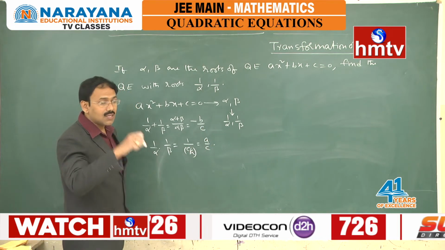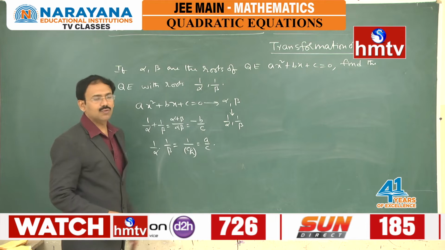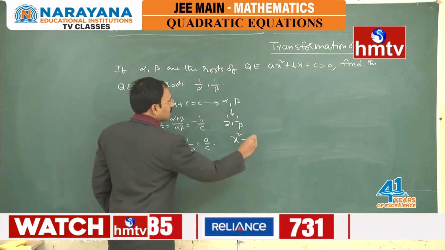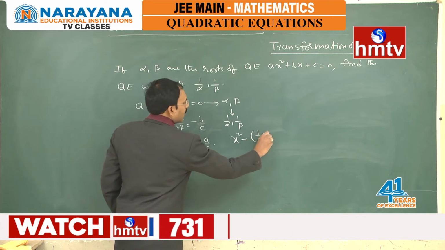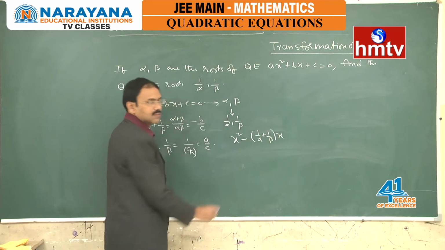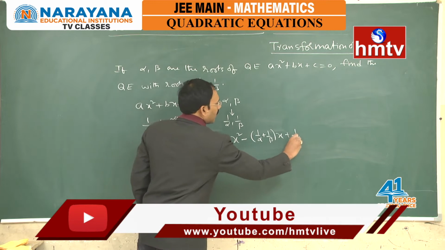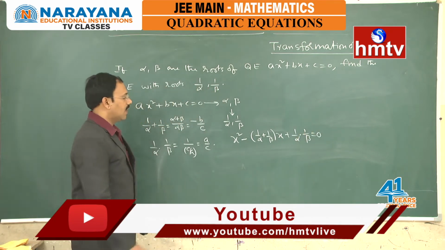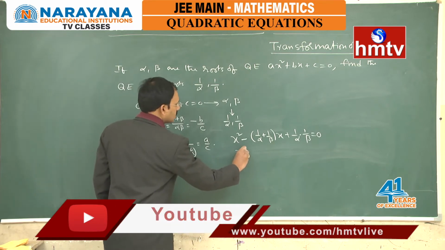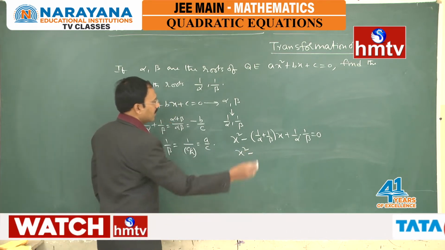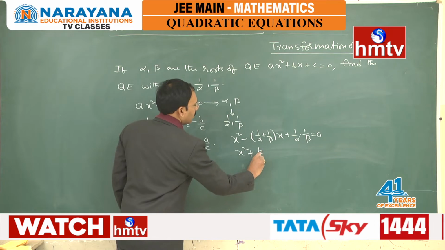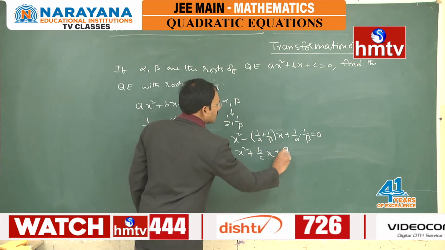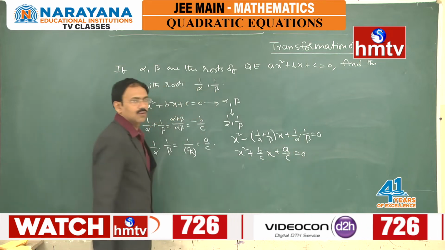Now, what is the quadratic equation with these two roots? We know that it is x square minus sum of 1 by alpha and 1 by beta into x plus 1 by alpha into 1 by beta equal to 0. And hence, this is x square minus b by c means plus b by c into x plus a by c is equal to 0.